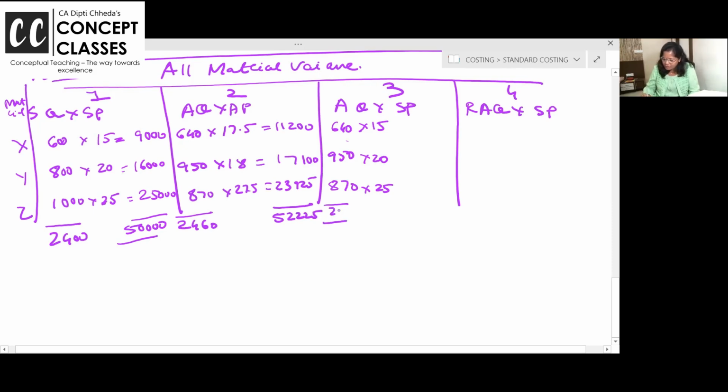Actual quantity is 2460 multiplied by standard price. 640 into 15, 9,600. 950 into 20, 19,000. 870 into 25, 21,750. Total 50,350.